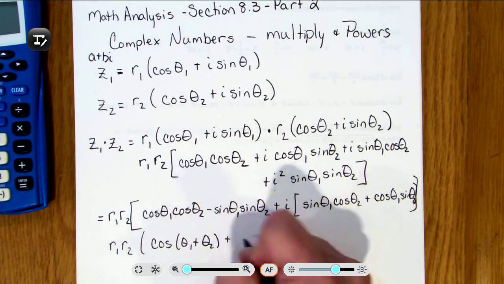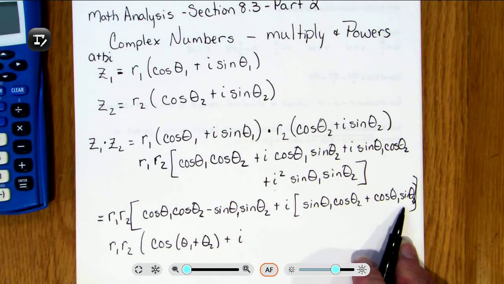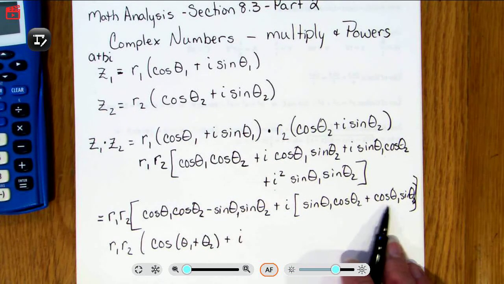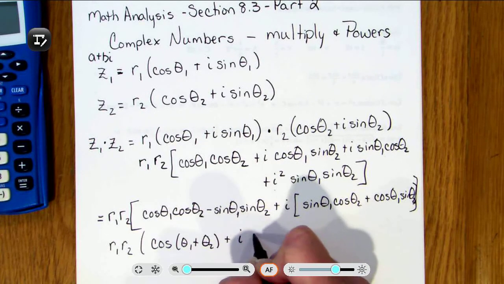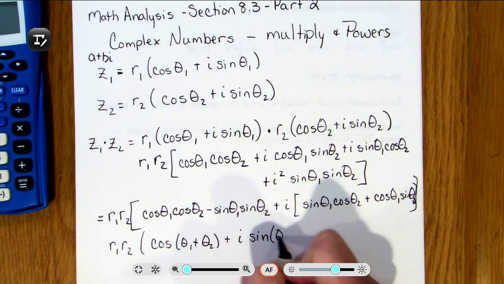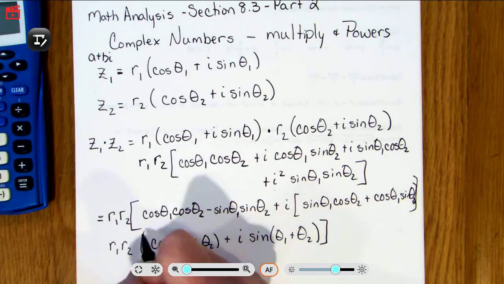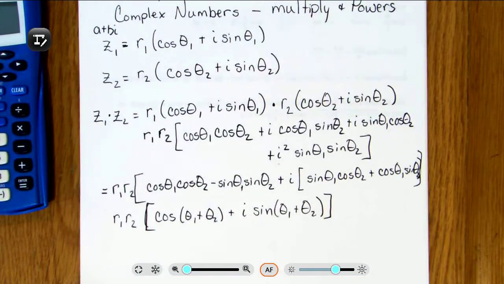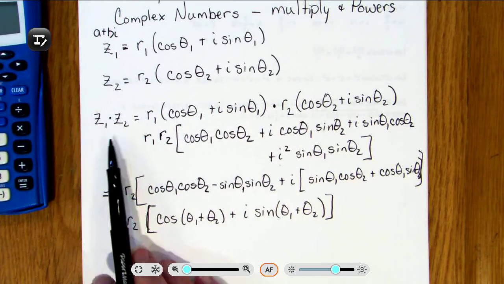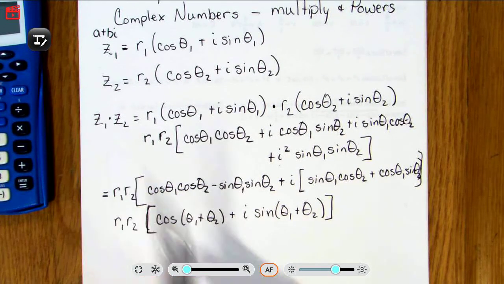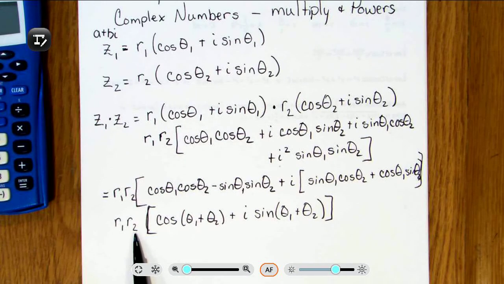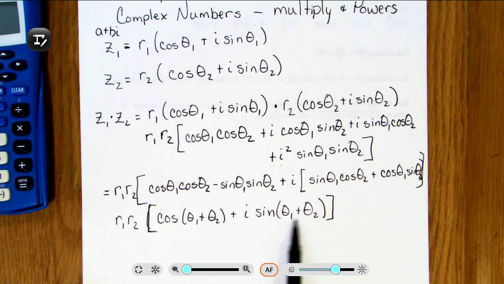And if you look at what's here, sine, cosine, cosine, sine, that is the sine of adding our two angles. I'll put square brackets here so it doesn't get confused. So if we wanted to multiply two complex numbers, we can multiply their R values and add those angles.